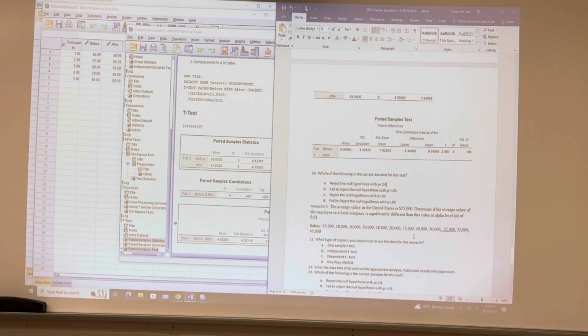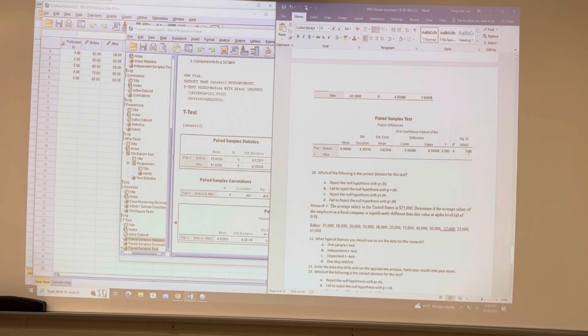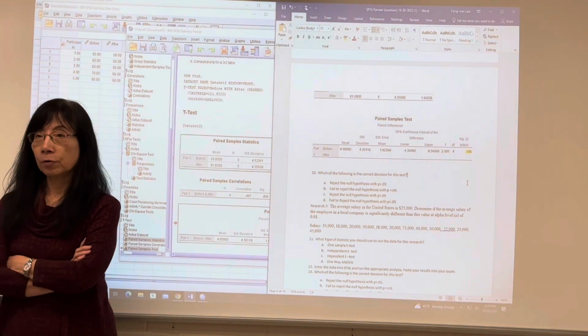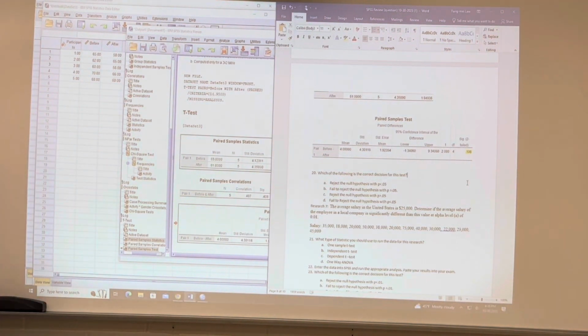What's the answer? B or C? So your SIG is 0.106. So what do we do? Do we reject or fail to reject? Fail to reject, right? Okay. So it should be B.